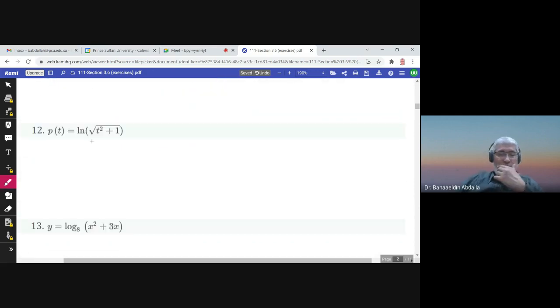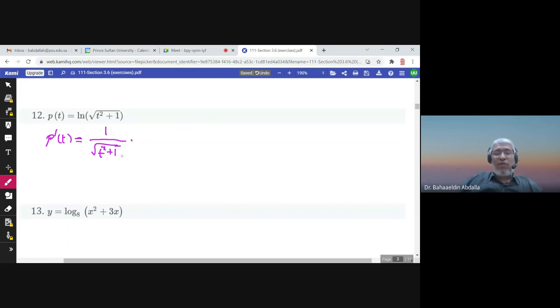I have composition here. So p prime of t would be derivative of the outer, which is ln. So 1 over square root of t squared plus 1 times the derivative of the square root. Well, let me do it alone.